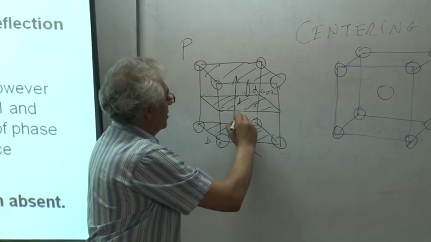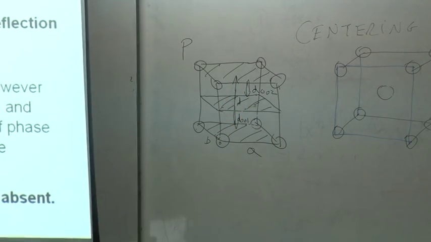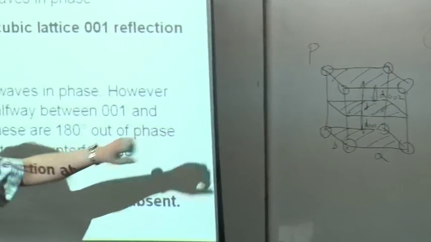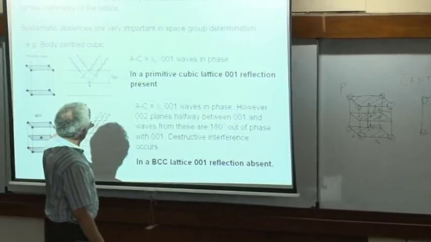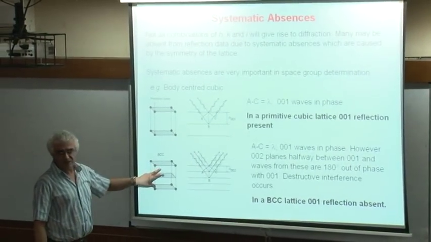This one would be D001. Both of those reflections will be present in this primitive cell if we were to take the diffraction pattern. But what happens in a body-centered cell?